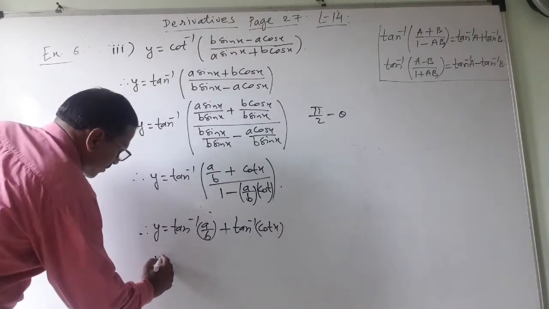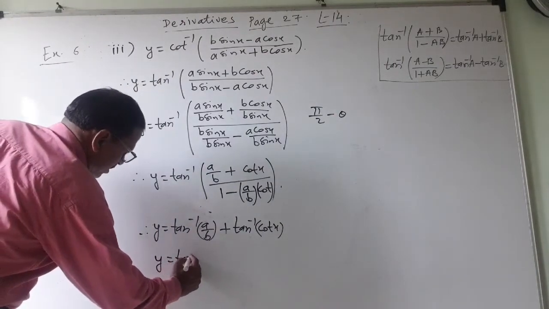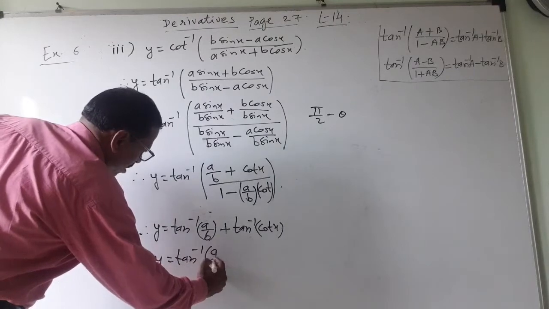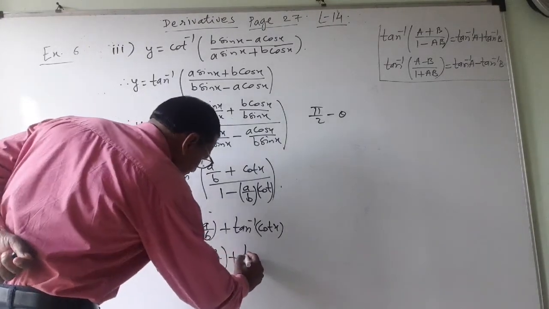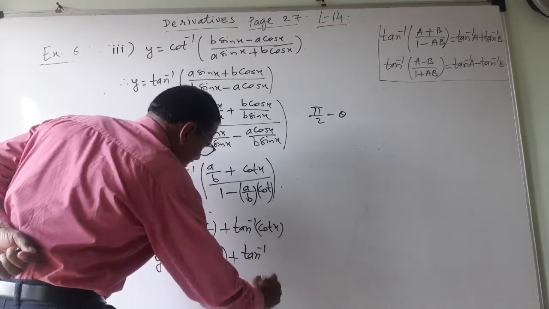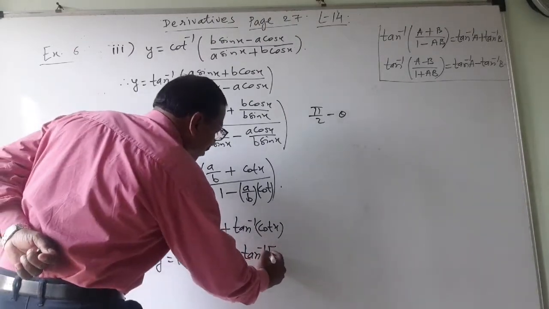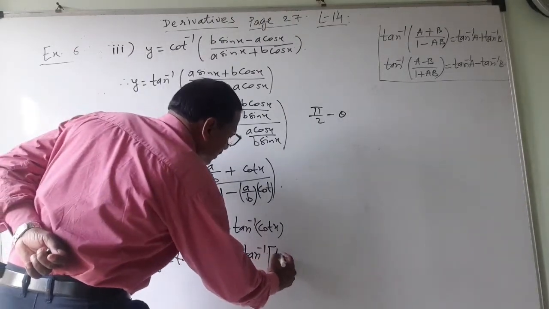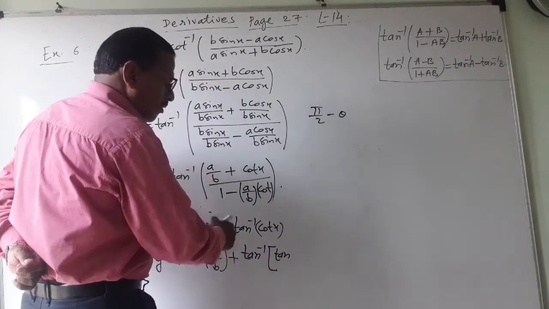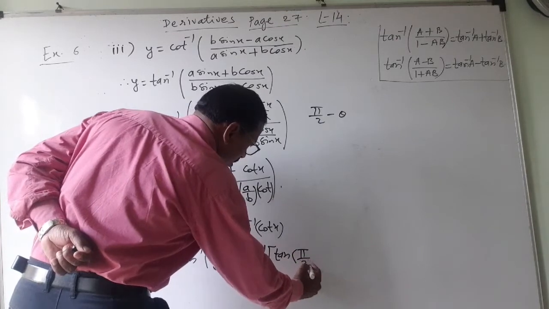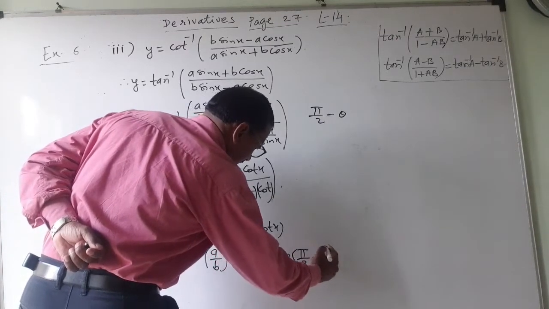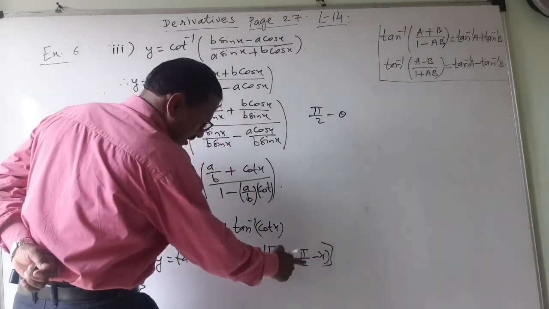So y is equal to tan inverse of A upon B plus tan inverse of cot, and I want to write it as a tan. So to write it as tan, I have to subtract from pi by 2 minus x and then this will be cot.